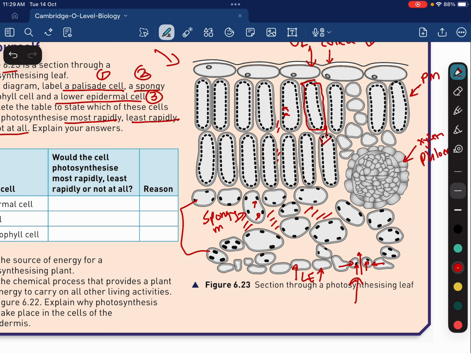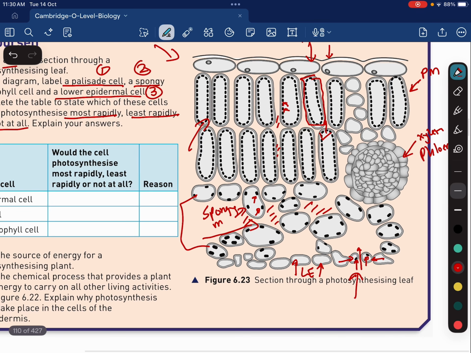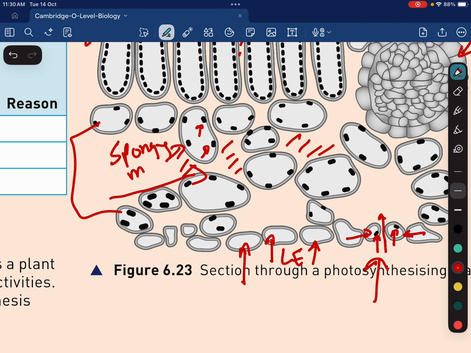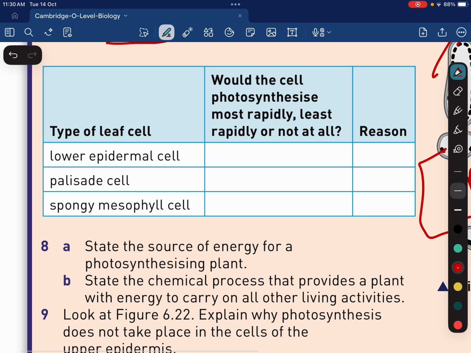As you can see, palisade mesophyll cells have the most amount of chloroplast present. Spongy mesophyll cells, on the other hand, have comparatively much lower in number, and the lower epidermis, as you can see here, has zero chloroplast present. What does that mean? They don't photosynthesize at all. So nothing difficult.